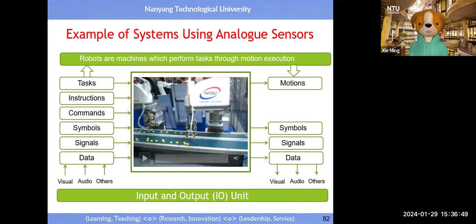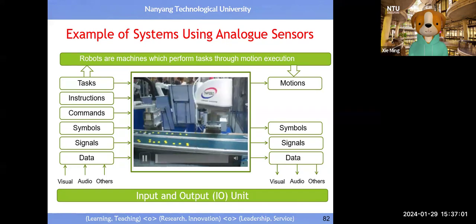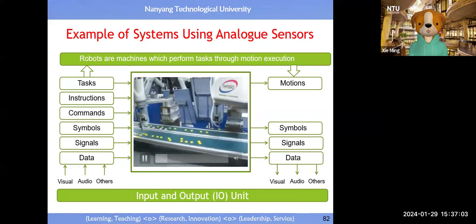But coming back to our robot, even for a robot we may face a situation of making use of analog sensors to do the measurement.